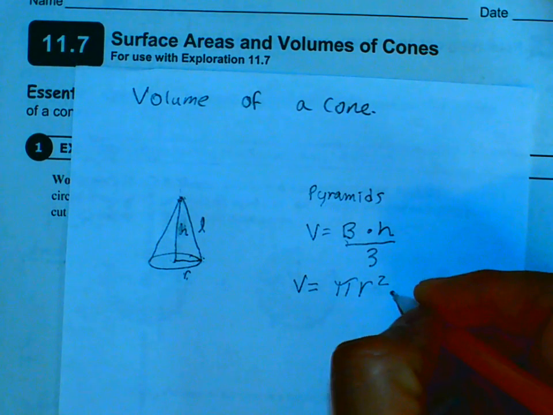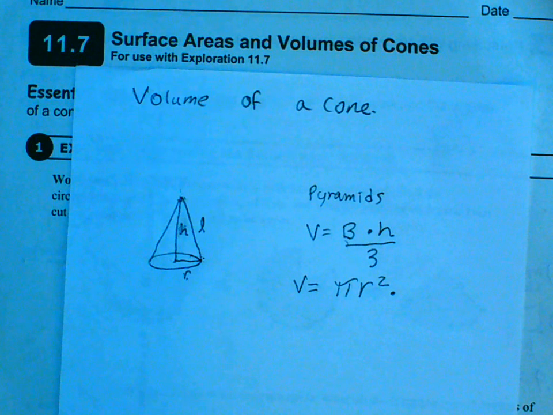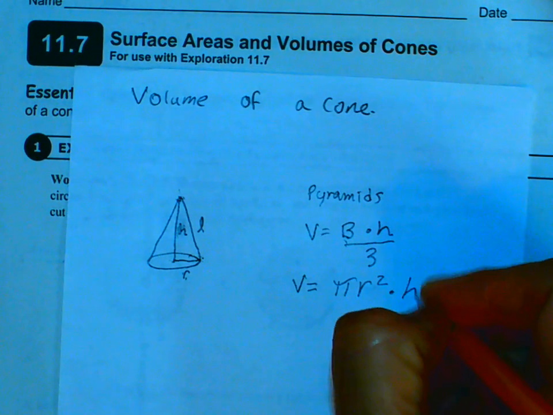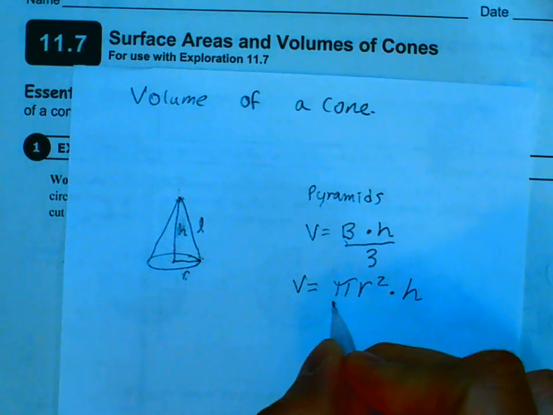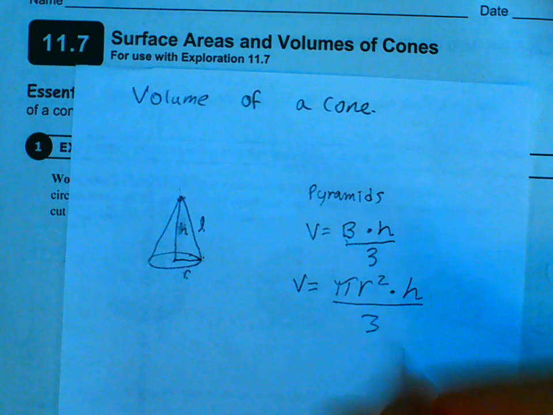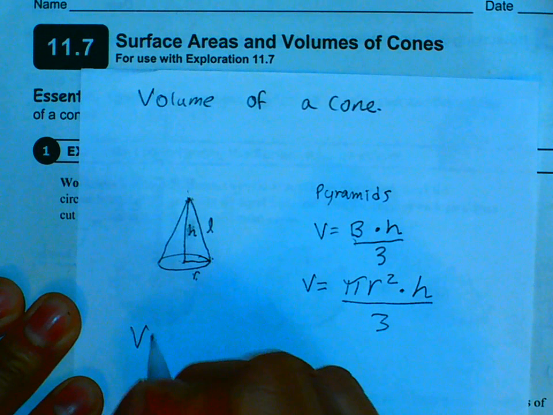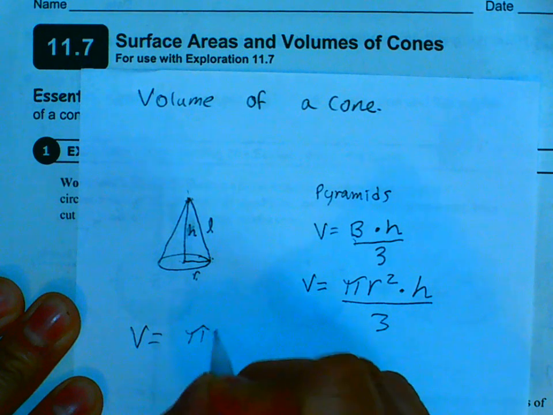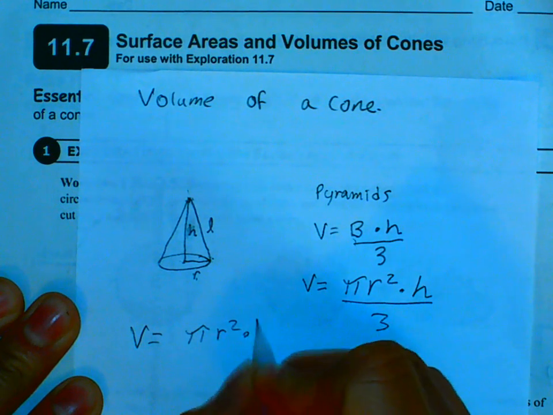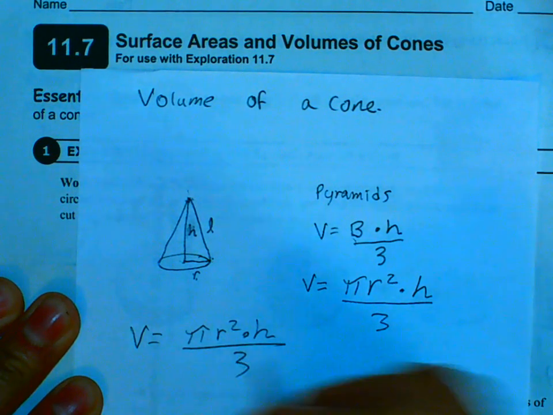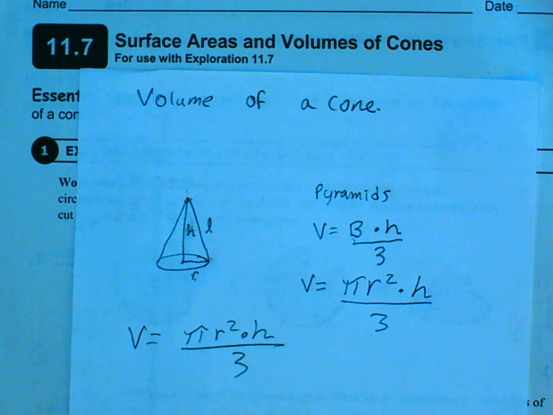The height of the pyramid would be the same as the height of the cone, which is h, all divided by 3. So with that, we have derived the volume of a cone to be pi r squared times h over 3. And we're going to be using this in further applications.